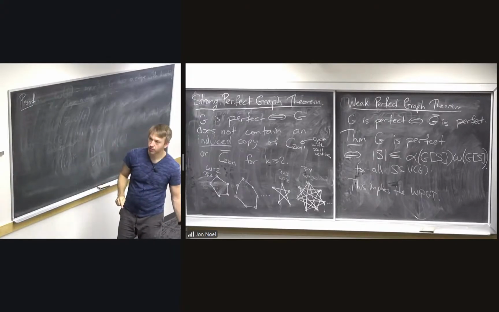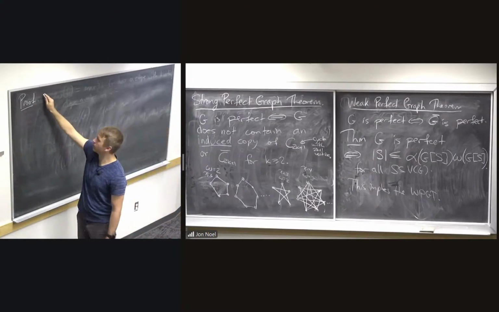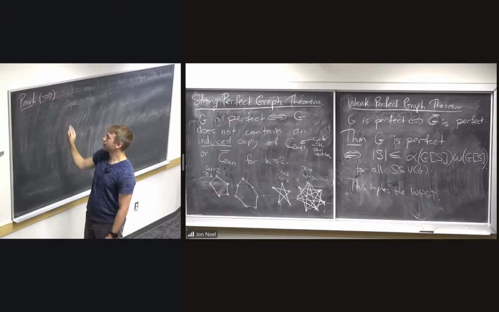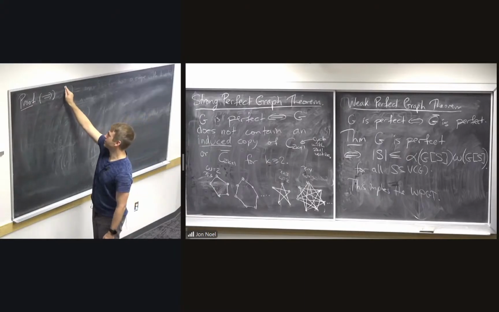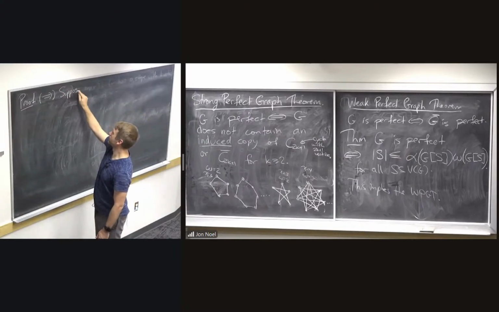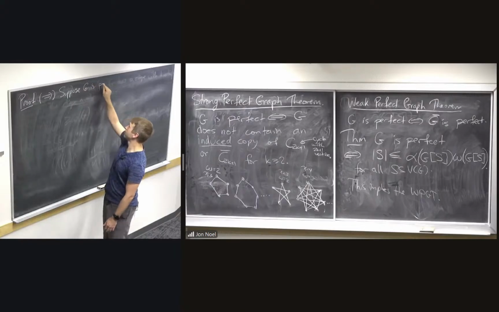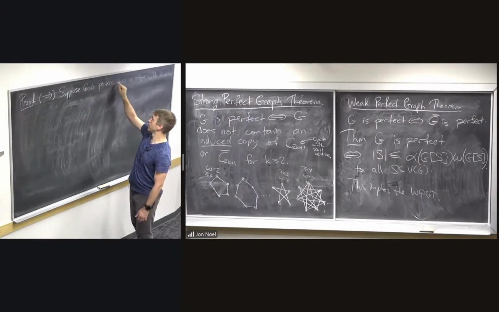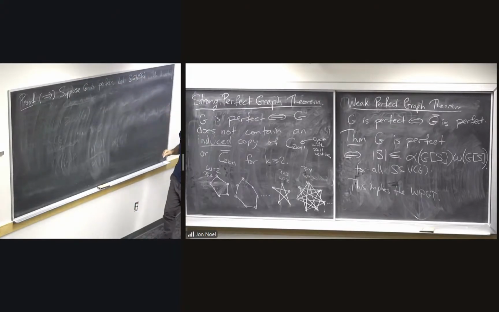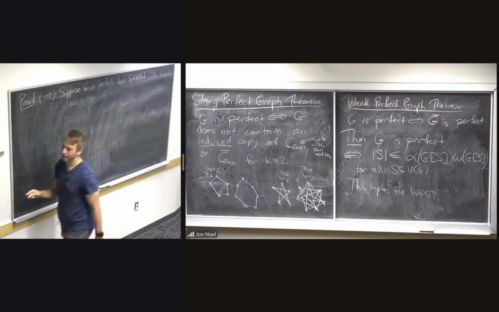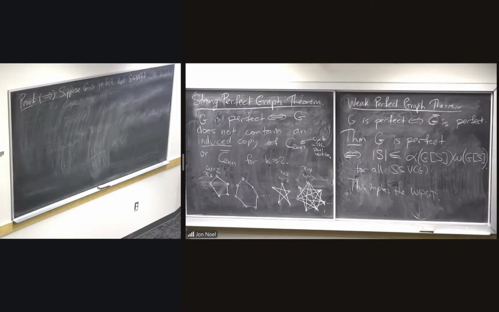Okay, so let's first do this direction. We're supposing G is perfect, and we want to prove this inequality. This is the easy direction. So suppose G is perfect, and let S be a subset of the vertices of G. I want to prove that this inequality holds.